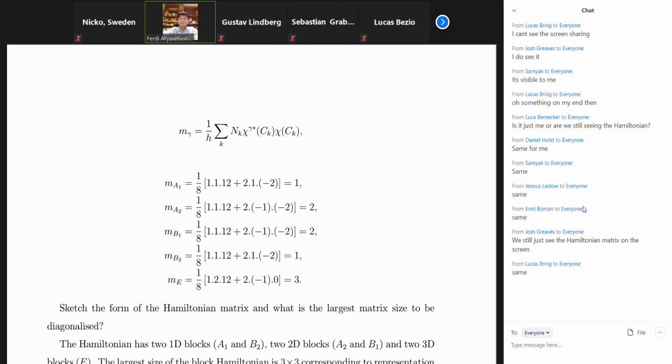So I think the question is to work out the linear combinations which transform according to the identity representation.